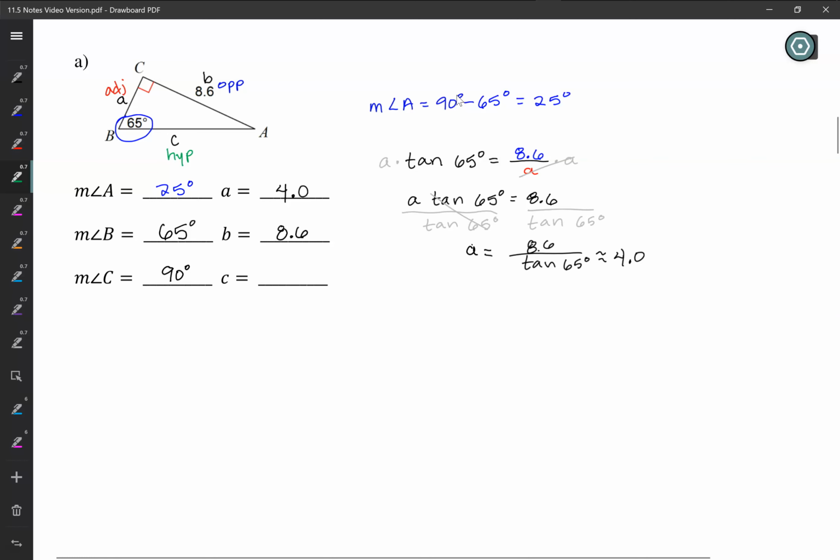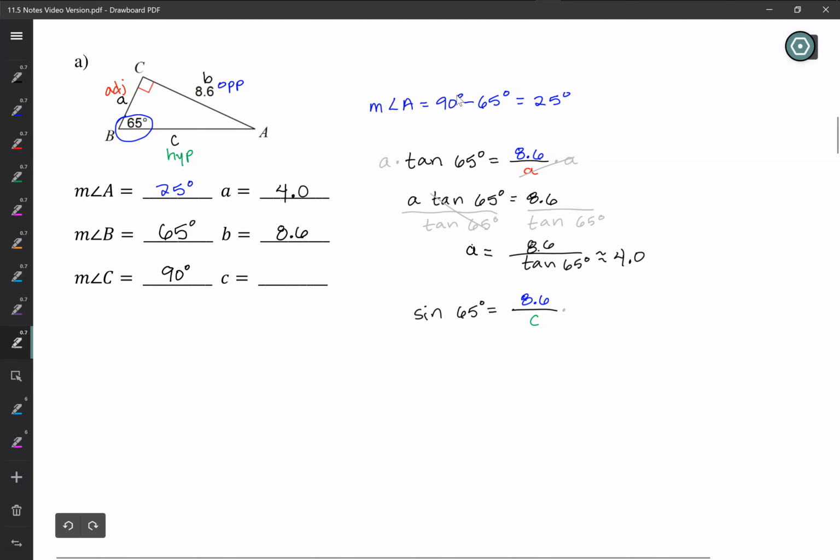Sine of 65 equals opposite over hypotenuse. Sine of 65 degrees equals opposite 8.6 over hypotenuse. That's C.